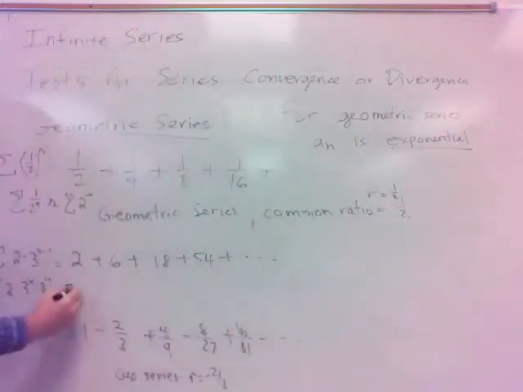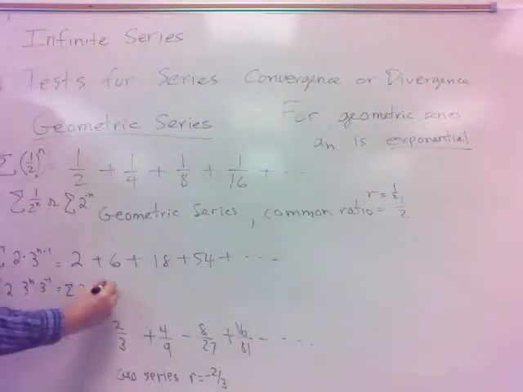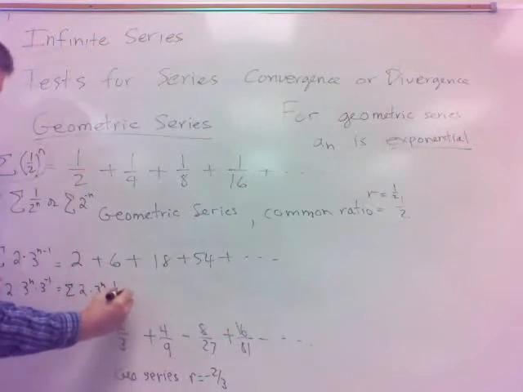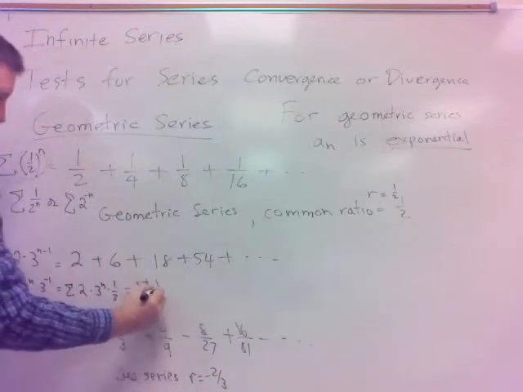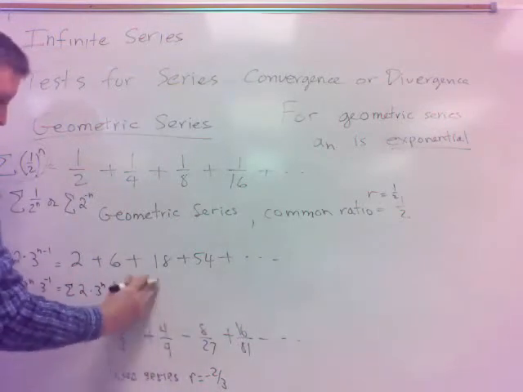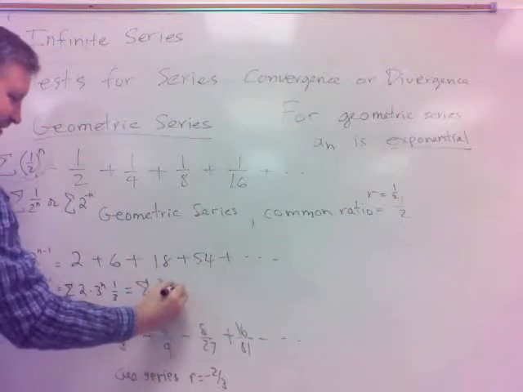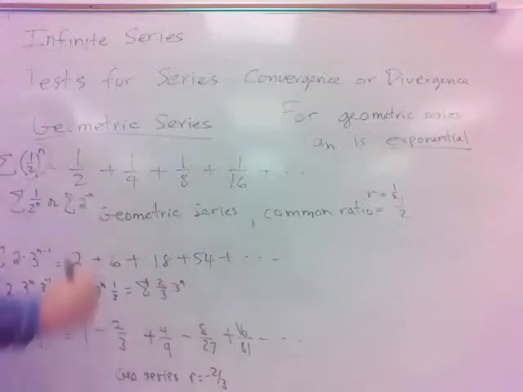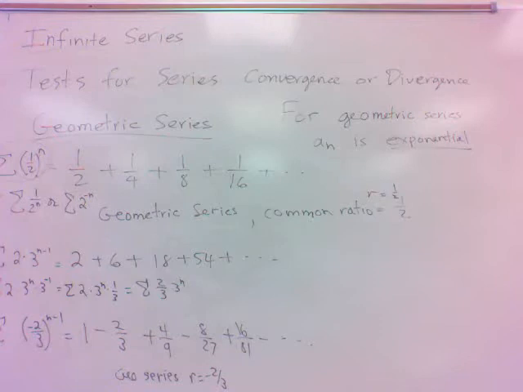It's 1/3, isn't it? So another format of this series is 2/3 times 3 to the n. That'd be another way we could do that. So it's important to know how to manipulate these things. Sometimes you may need to do that.